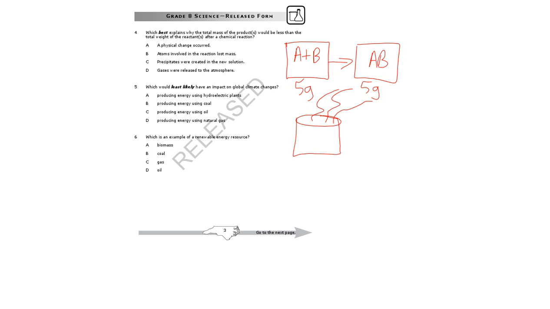Number 5, which would least likely have an impact on global climate change? All right, so all of these things could affect climate change. And the question does not state whether they're looking for a good impact or a bad impact. But let's note that all of these are fossil fuels.